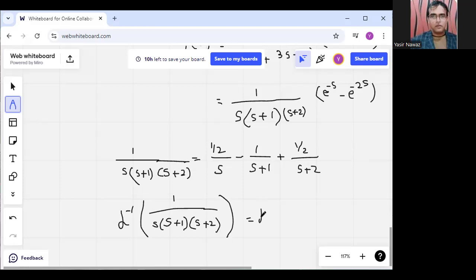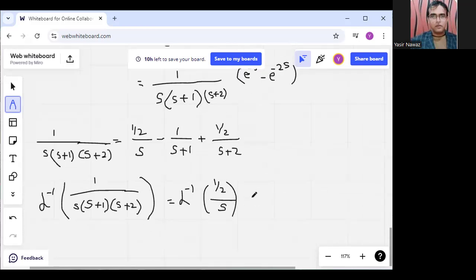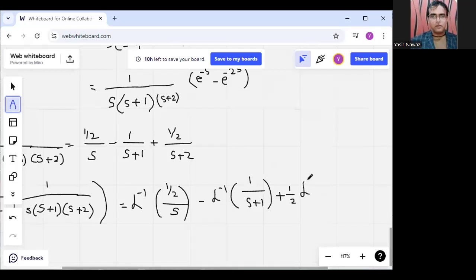So here I apply the Laplace inverse. I write 1 over 2 over s, and then minus Laplace inverse of 1 over s plus 1, and then plus 1 over 2 Laplace inverse of 1 over s plus 2.